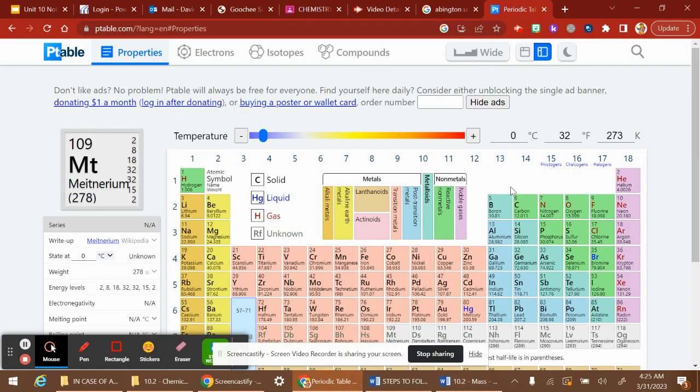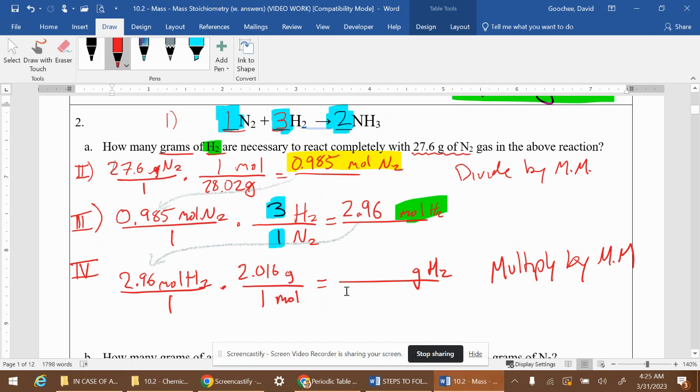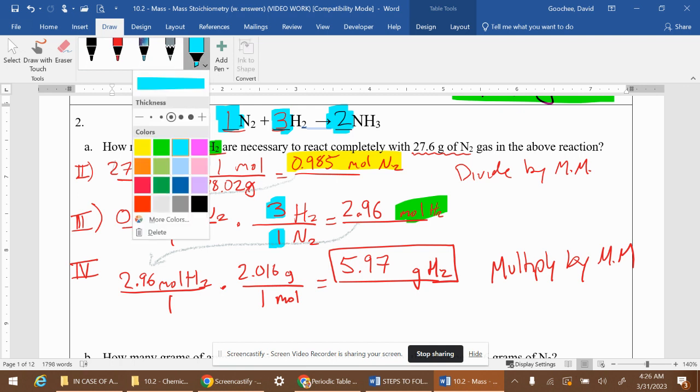Well, I went to the periodic table and I saw that hydrogen had a molar mass of 1.008. There it is. So H2 is going to be twice that. Okay? There we go. So it's just going to be 2.96 times 2.016. And the answer is about 5.97 grams of H2.